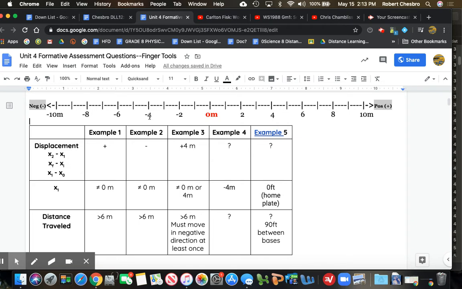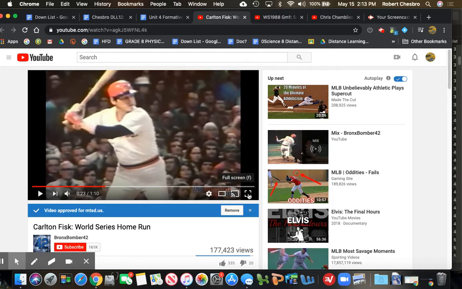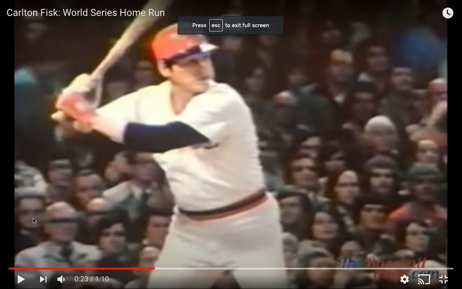Okay, here's an example for you baseball fans. This is one of the most incredible home runs in the history of baseball, 1975. This is Fenway Park. It's the middle of the night. The game is tied. It's Game 6 of the World Series, and it's the Red Sox versus the Cincinnati Reds.